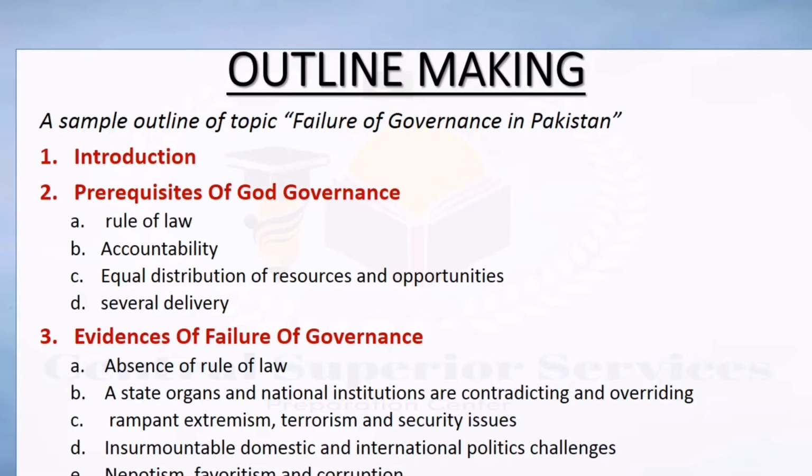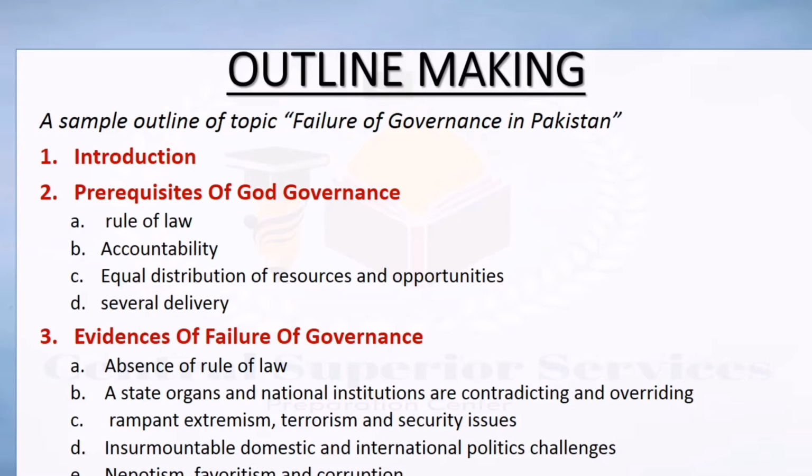Then tell about the evidences of failure of governance in Pakistan like absence of rule of law, state organs and national institutions contradicting and overriding each other, rampant extremism, terrorism and security issues.